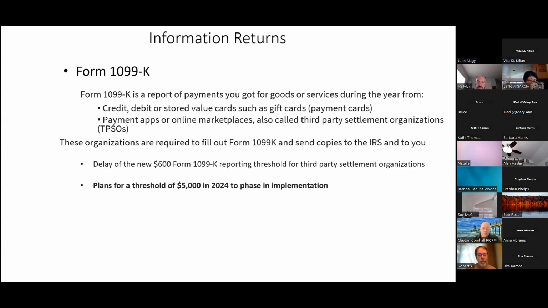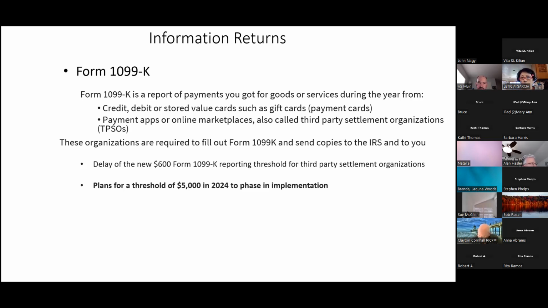Okay. All right, so let's talk about the information return. This is the 1099-K, and you may have seen this before. And as it says on the very top of the screen, this is a report of payments that a taxpayer would receive for goods and services that they have provided to an entity of some kind. I've seen the 1099-K for individuals who have received Zelle payments for work they have completed.